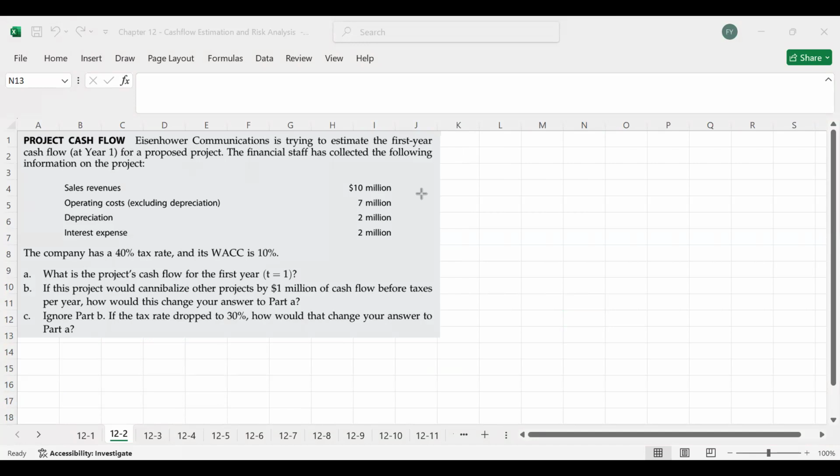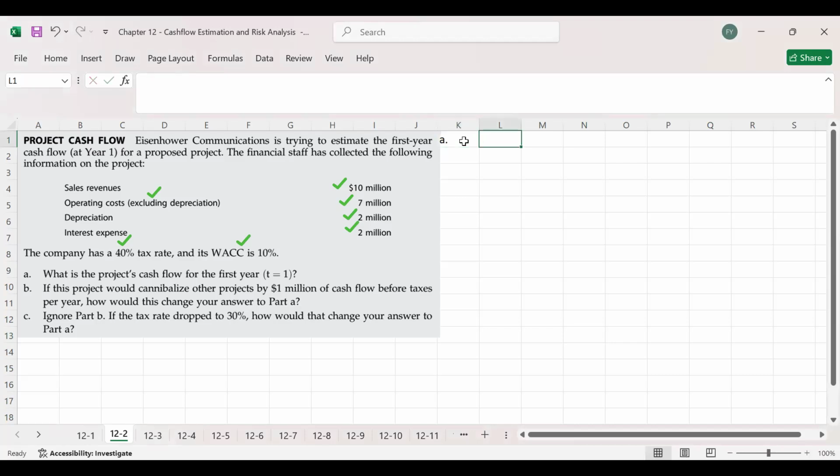Sales revenue is given, and operating cost is given, but remember this operating cost excludes depreciation. Depreciation and interest expense are also given. The company has a 40% tax rate and its weighted average cost of capital is 10%. The first requirement is the project's cash flows for the first year.